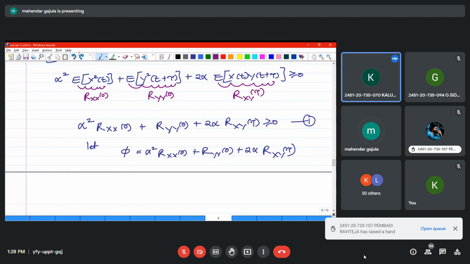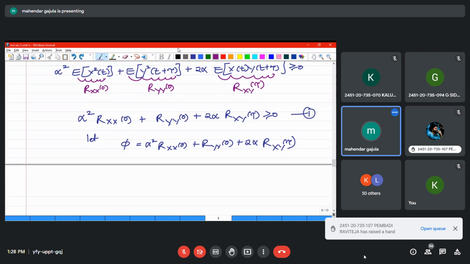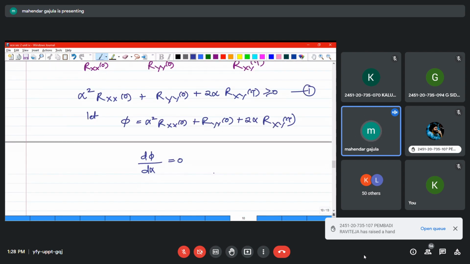Minimum points and maximum points are called stationary points. How do we find the stationary points? We have to differentiate and equate it to 0. So we have to do d phi by d alpha equals 0. At what value of alpha does this equation become 0? That I'm going to find out.